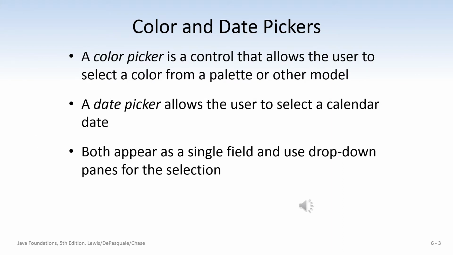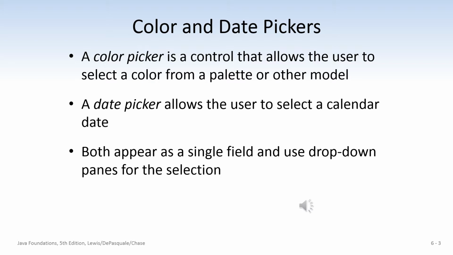Next up, color and date pickers. A color picker is a control that allows the user to select a color from a palette or some other model, and you've seen this before, unless you've never used a Windows-based application. A date picker allows the user to select a calendar date from a pop-up calendar.